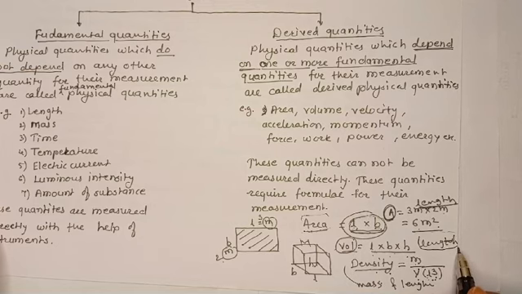Length. Third example, density. Density equals mass upon volume. Therefore, when we find density of a cube, we have to measure its mass and volume. Then using the relation density equals mass upon volume, we find the density of the cube. Thus, the measurement of this physical quantity depends upon which fundamental quantities? Mass and length.